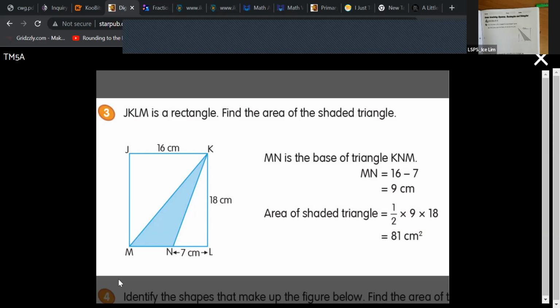So first I try to find the answer directly. Cannot. Can I cut the shape? Cannot. Then I try the last thing: big shape minus the empty ones. Then I'll get the shape you want, inside or around it. Can you understand? So these are the three things you need to do.